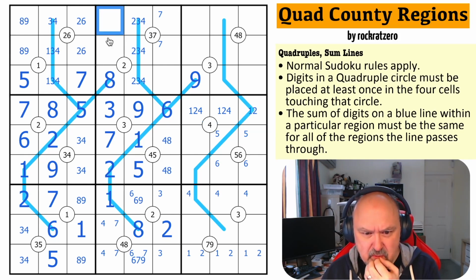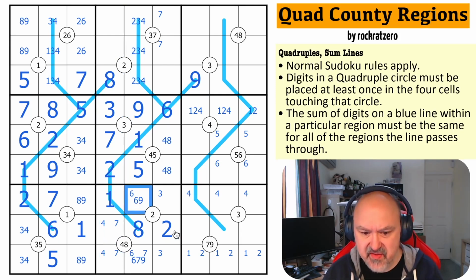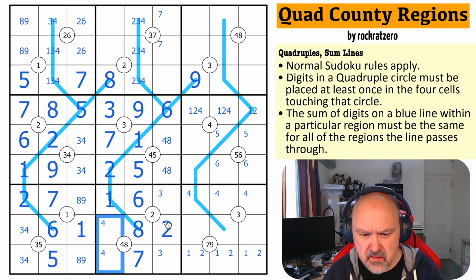Okay, is it this quadruple? This is not a 4, 7 pair yet. Oh, no, this 9 takes 9 out of there. This is 6. This is 7. So this is 1, 2, 3, 4, 5, and 9. That's not enough.